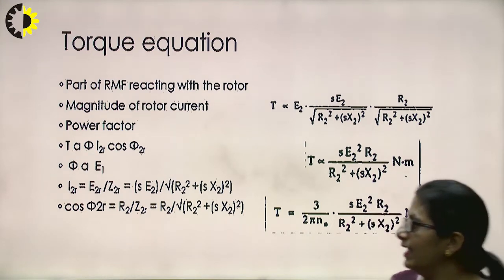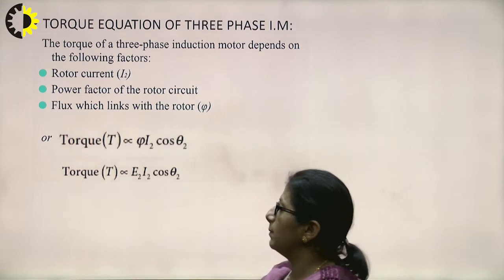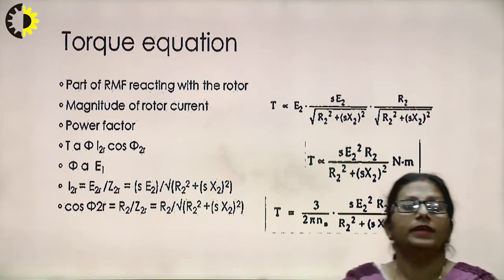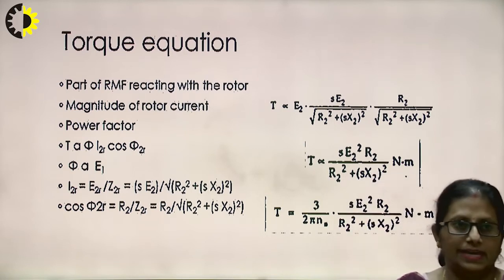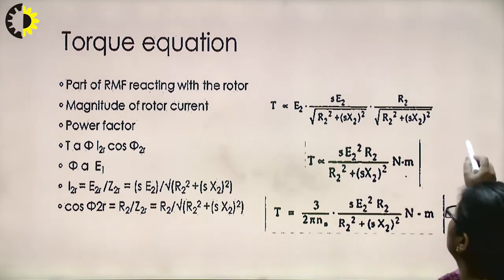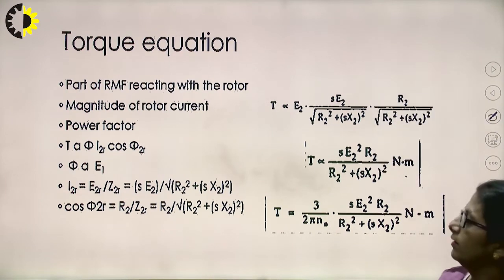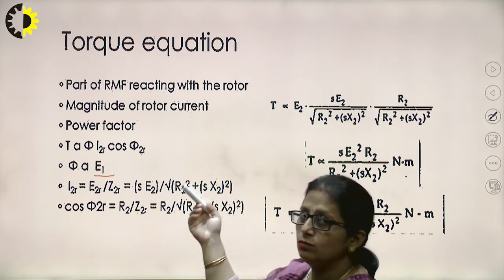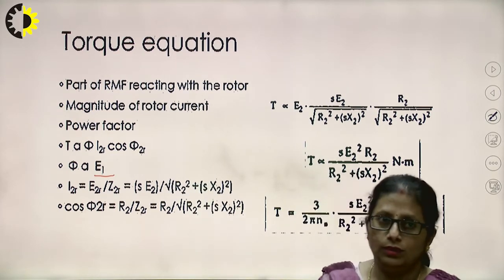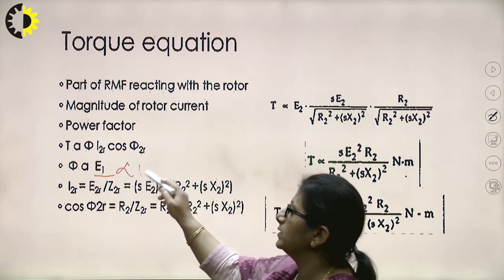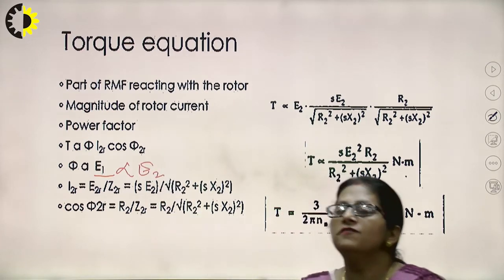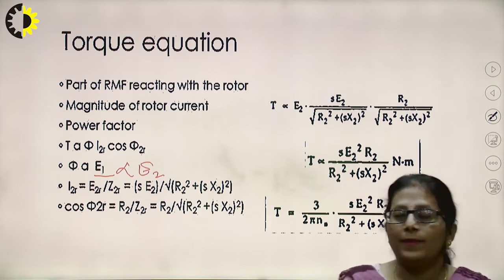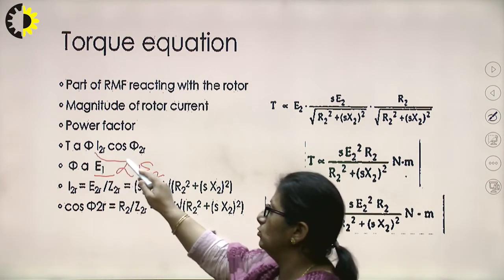That phi is proportional to the supply induced EMF in the stator circuit, which we are calling E1. Also, E1 is some K times E2, so obviously that is proportional to E2 as well. So, I may substitute phi as E2.